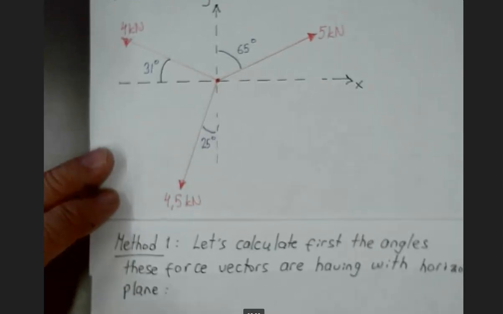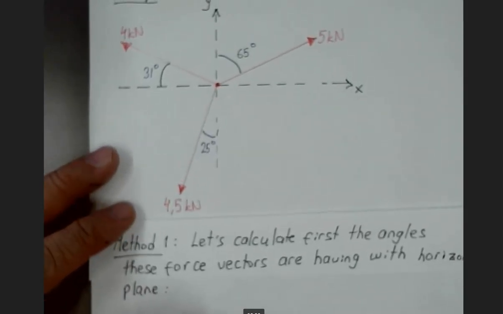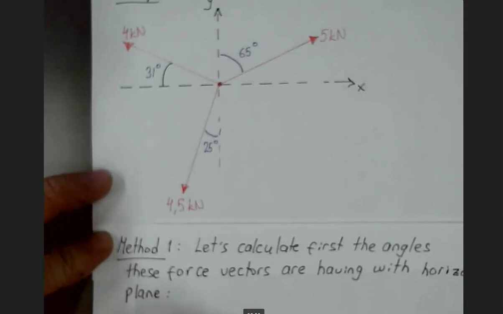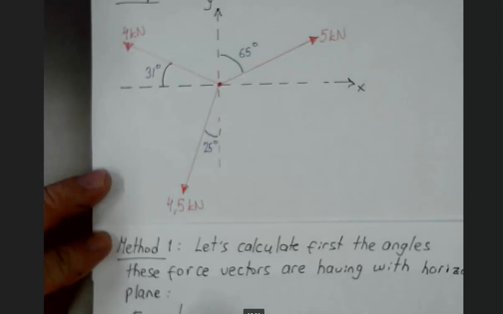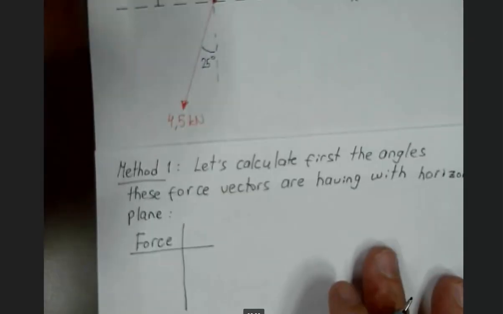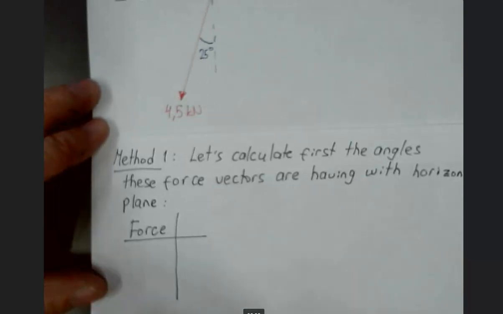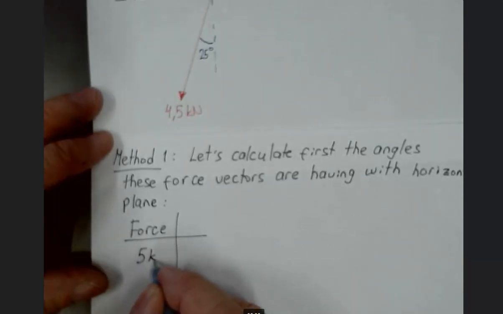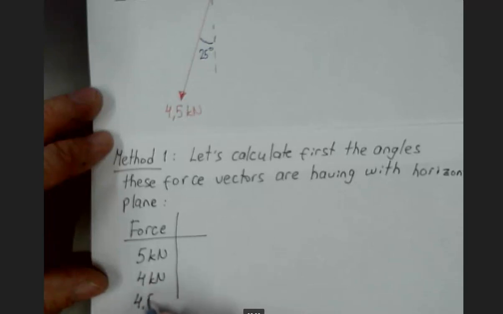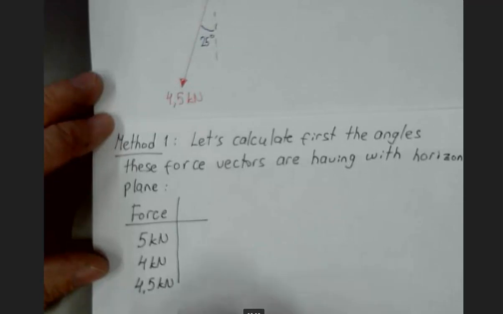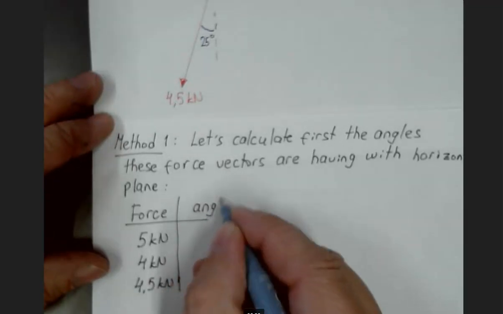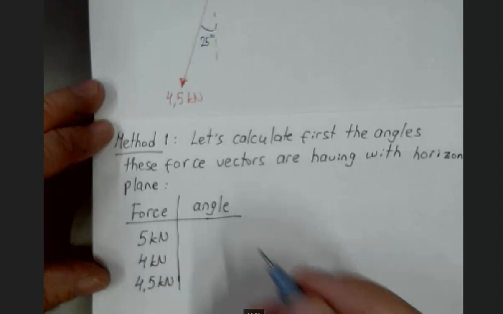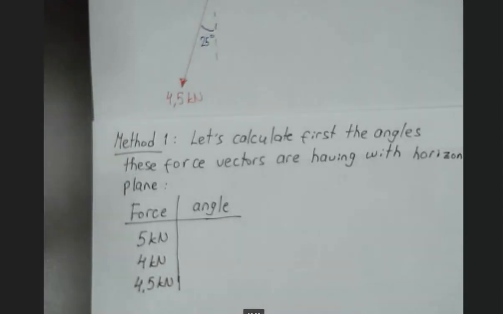So I will make this with a table or some kind of Excel sheet here. So I have force 5 kilonewtons here, 4 kilonewtons here, and 4.5 kilonewtons here. And the angle which we need to calculate is the angle measured from the horizontal plane.